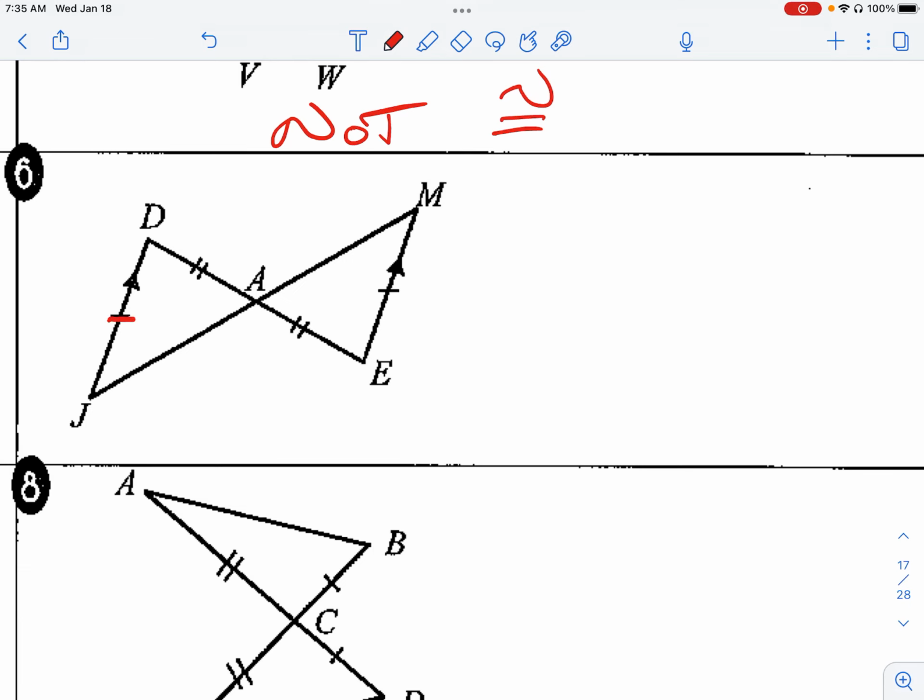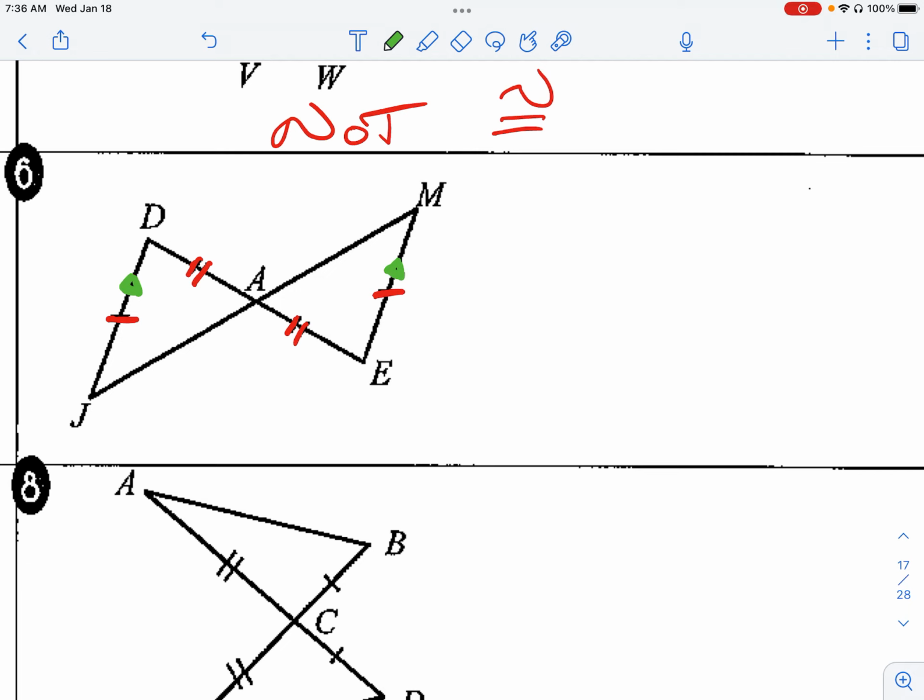All right, so here we got two sides that are congruent, and so we either need an angle or we need the other side. Well, right here, those little arrows tell us that we have parallel lines.